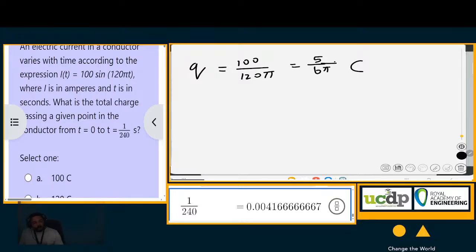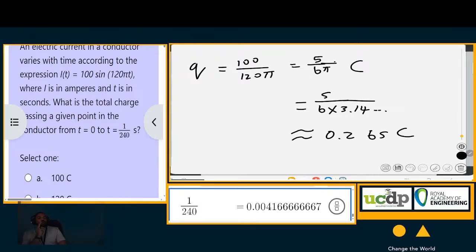Now if you calculate 5 over 6 pi, you get 5 divided by 6 times pi. So basically what you're doing is 5 divided by 6 times 3.14. Because pi is an irrational number, it doesn't end, you get approximately 0.265 coulombs is the answer.